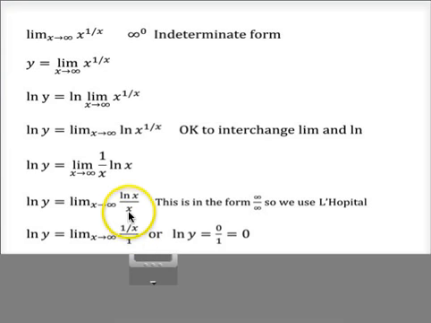The derivative of x is 1. Or I just get the natural log of y equals 0 over 1, which is 0. Well, that's all great and everything, but the natural log of y equals 0. I need to know what y equals.